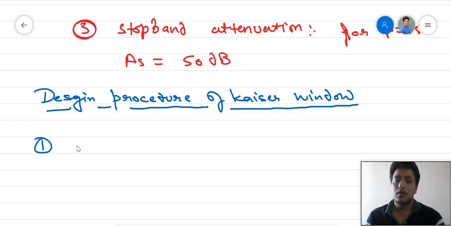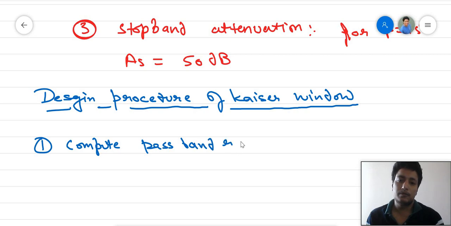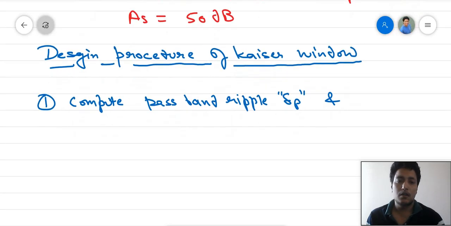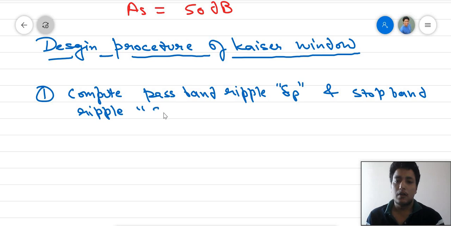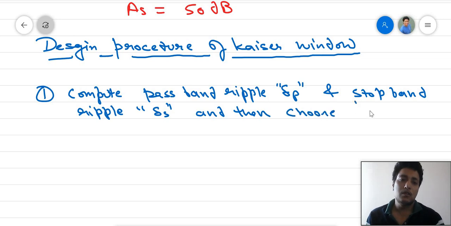First part is compute passband ripple delta P and stopband ripple delta S, and then choose the minimum ripple.